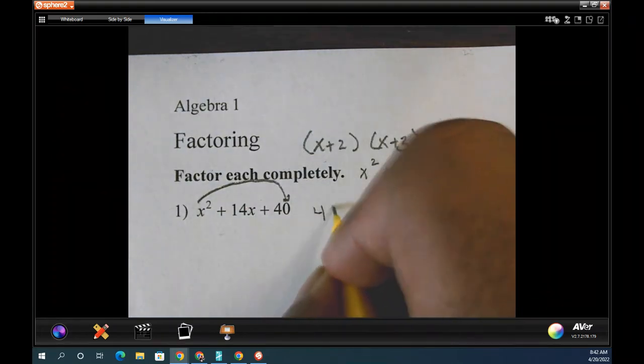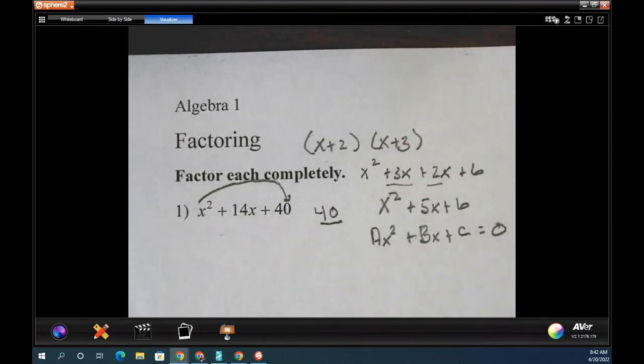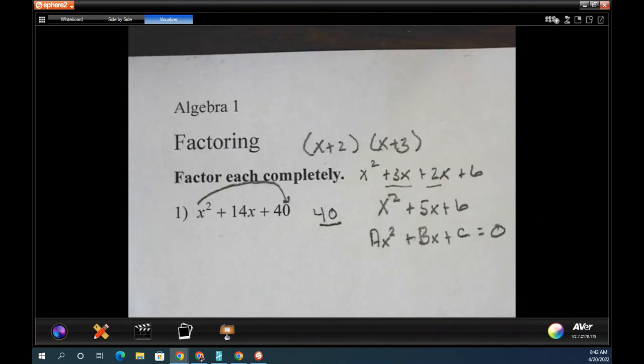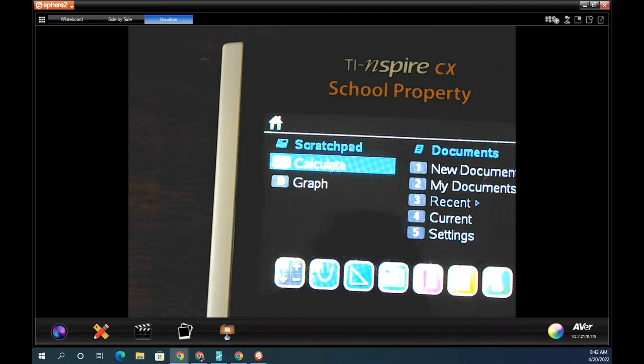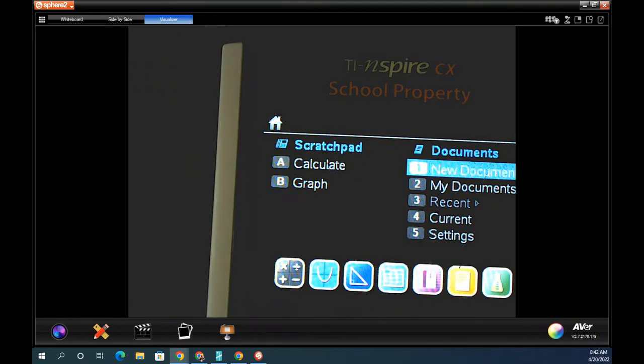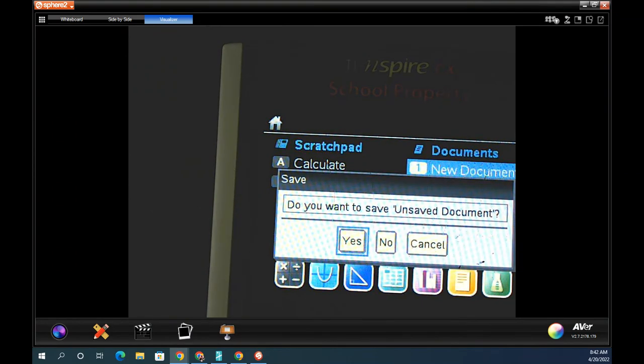Now, here's what we're going to do. We're going to write the factors of 40. So get your calculator out. I'm going to show you. All right. Just go into calculate. Hit enter. Nope, my bad. We're going to go to new document, and we're going to add a graph.